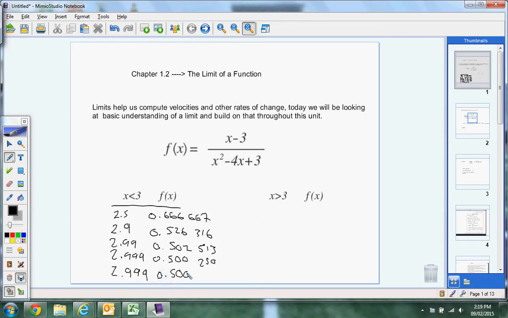Sorry. Probably should have typed these in, but that's okay. So 2.5, 2.9, 2.99, as we're getting closer and closer to 3, what's our function approaching? Not 0. 0.5. Okay, see it's 0.6, 0.52, 0.50, 0.500, 0.5000. It's getting closer and closer to 0.5.